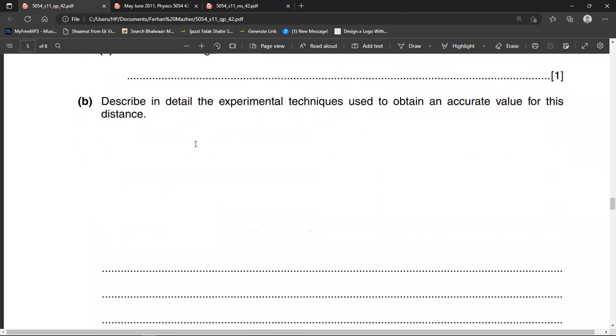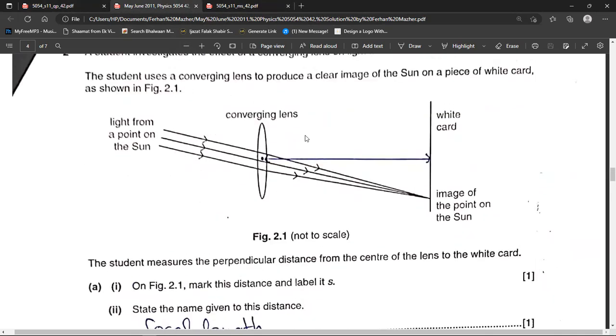He says, describe in detail the experimental techniques used to obtain an accurate value for this distance. So very simple, what we do, we use a holder which can hold this lens, and we also use a holder which can hold this screen. And we put both these things beside a scale, a ruler, and we move this converging lens forward, backward until a very clear image is formed on this screen.